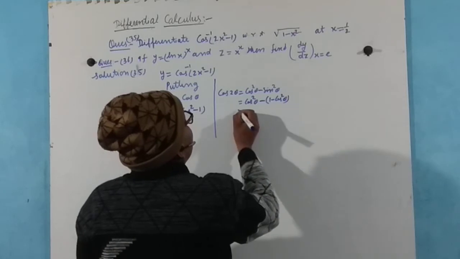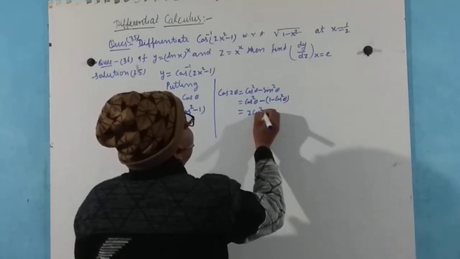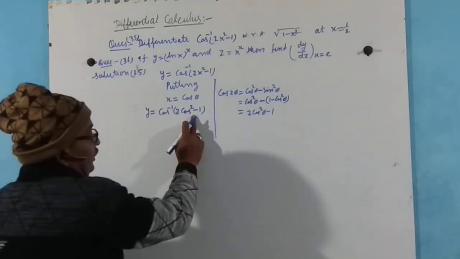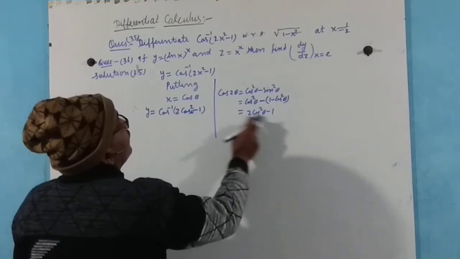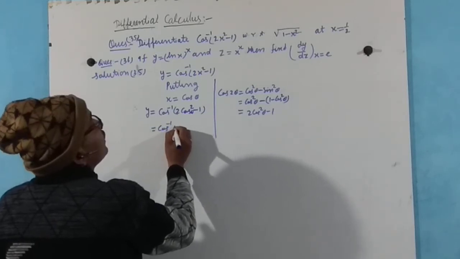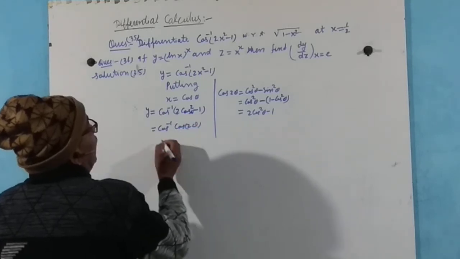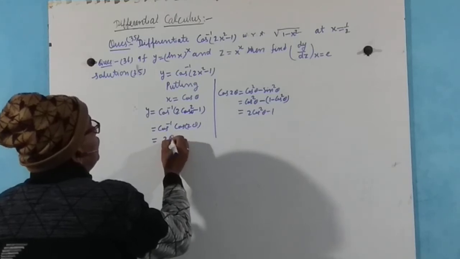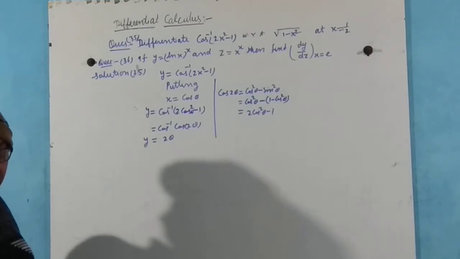This can be written as minus 1 plus cos square theta, 2 cos square theta minus 1, so that cos inverse cos 2 theta, and now this can be written as 2 theta. Y equal to 2 theta here.